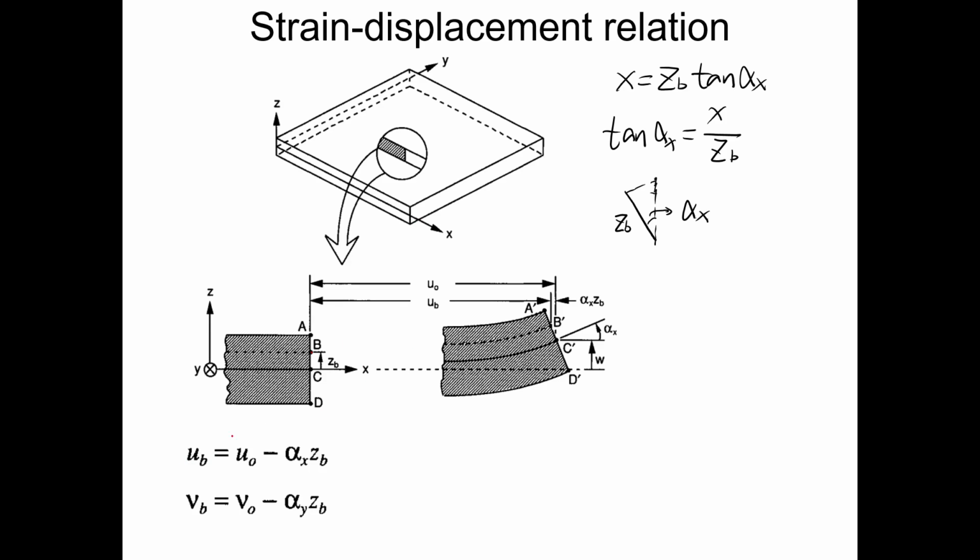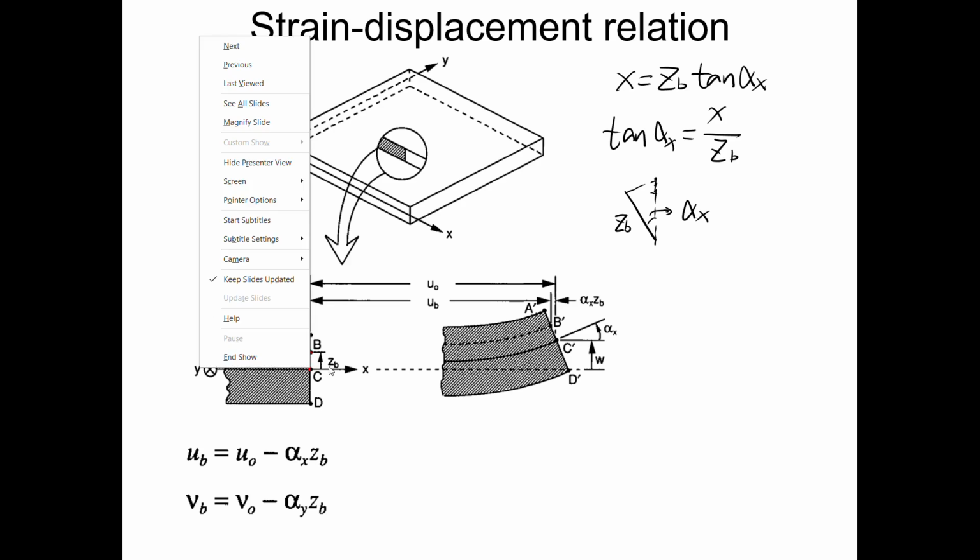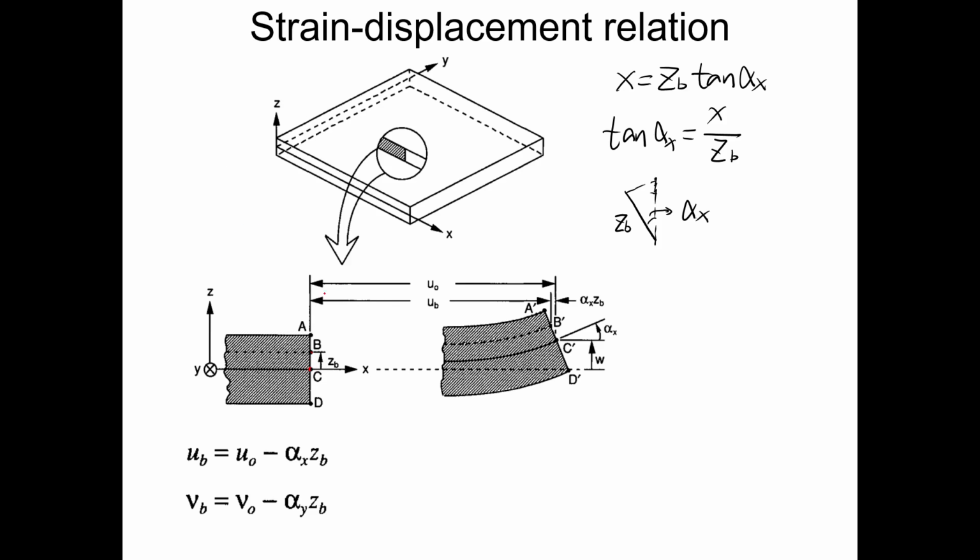And UB essentially is the distance from the B point to the B prime point in the horizontal direction. And U0 in this case, essentially we are looking at the neutral plane, the C point, before and after the bending.